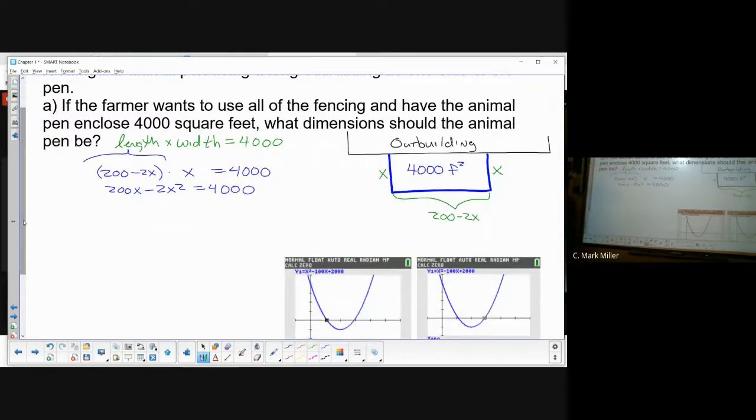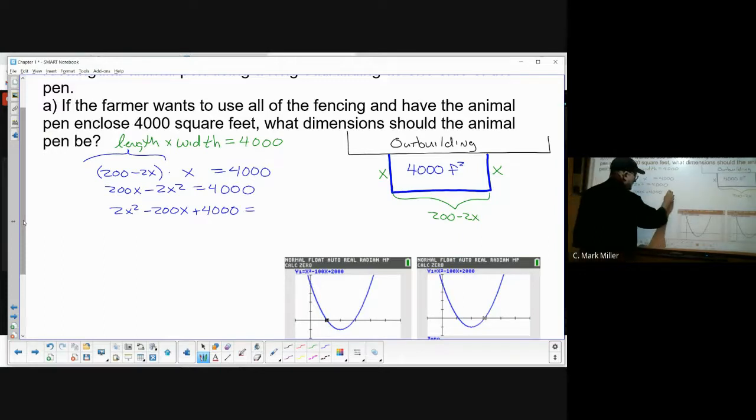And I'm going to put everything on the other side. If I put the 2x squared on the other side, I have 2x squared, 200x goes on the other side, that's minus 200x, 4,000 is already on the other side, that's 4,000. And this side then would be 0. So you have a quadratic.